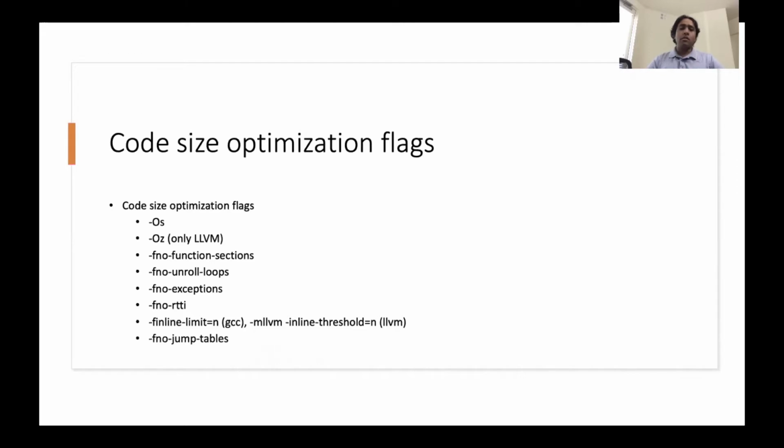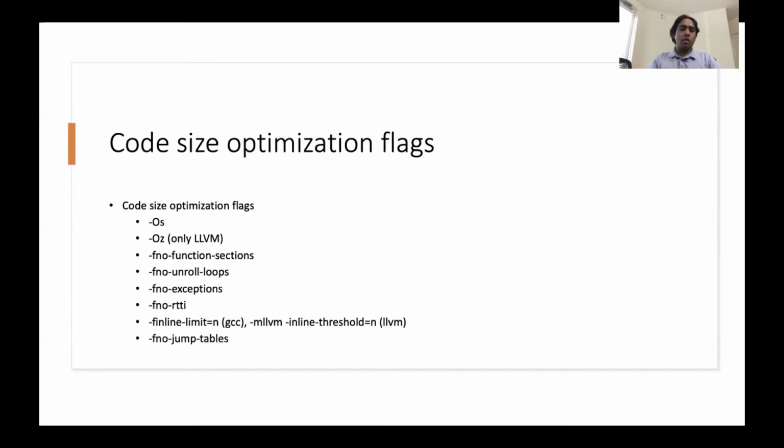The third one is -fno-function-sections. When the compiler generates a binary, it is possible to have every function in its own section. A section is a part of the executable which can be treated separately by a linker.